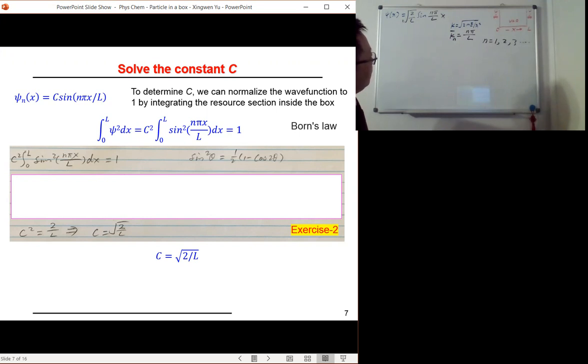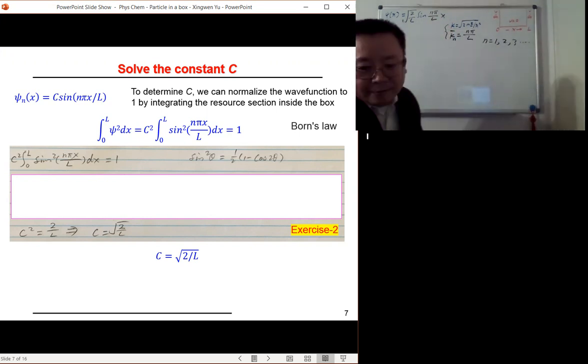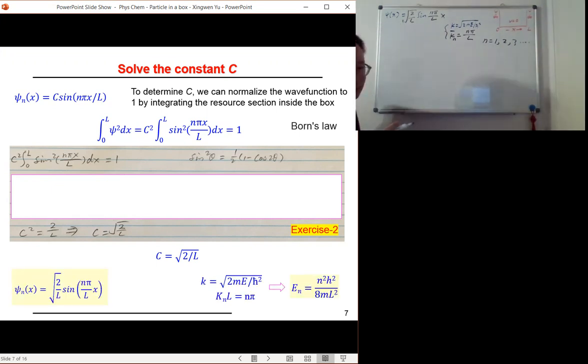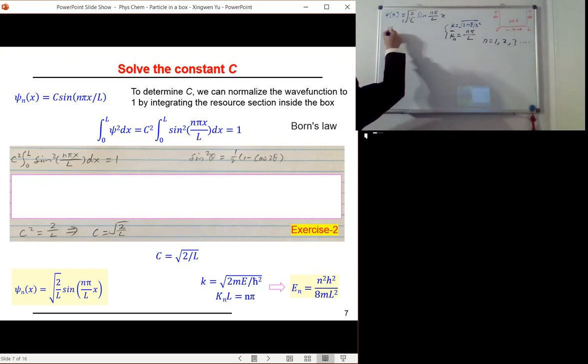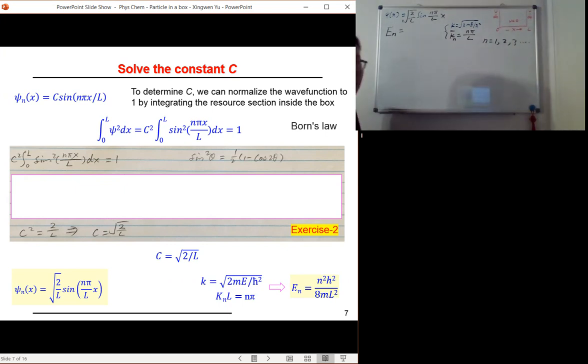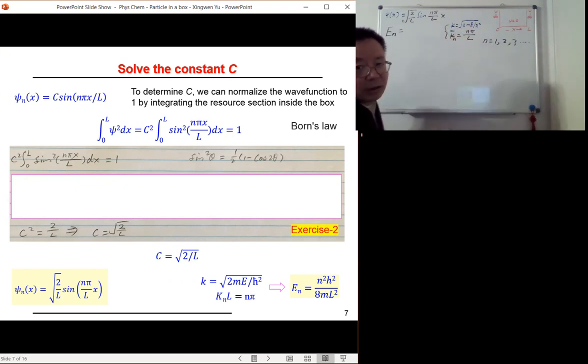Based on these two expressions, we can obtain the expression for the energy level En. From here to here is easy; it's just solving these two equations to get E. It's a very simple derivation, so we don't need to derive it in detail.